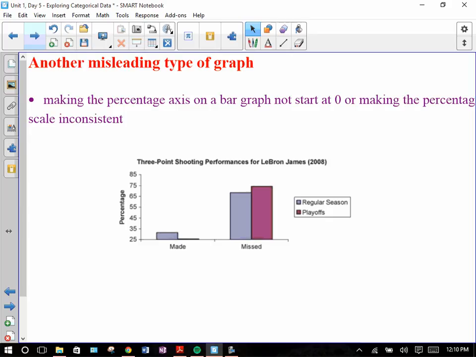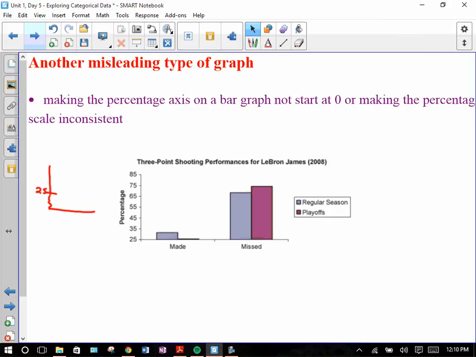Okay? The one exception where you don't start your scale at 0 is if you're making a graph and you put a break in the graph, and you might start at 25. But even then, 25 is still up where 25 should be, not down where 0 should be. That make sense?